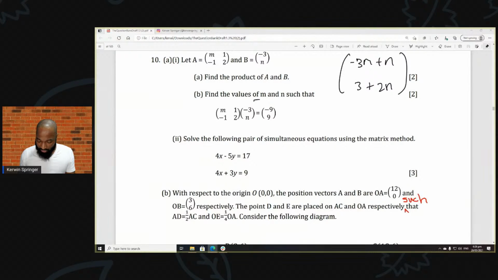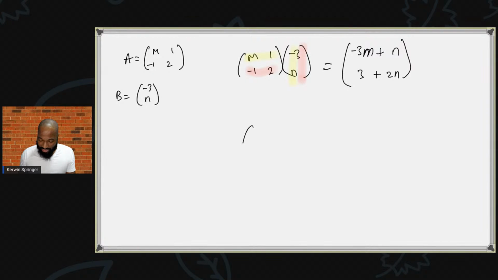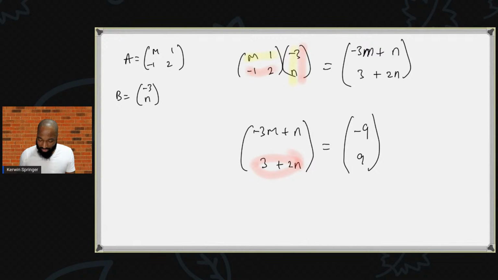Find the values of m and n such that when we multiply this, we get this. So what they're saying is that the answer that I got is now equal to something, and find the answer. That's lovely. And it's not even a simultaneous equation in itself, really, because this one only has one variable in it.